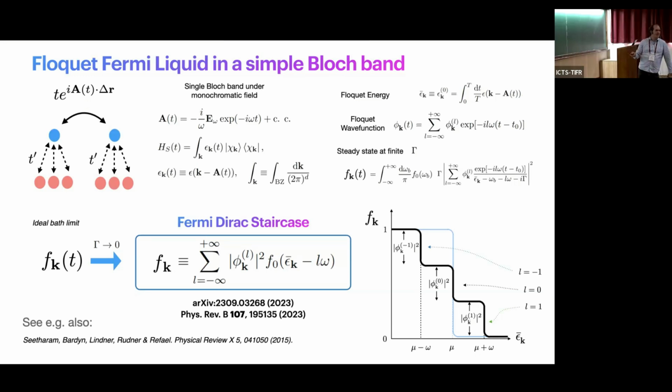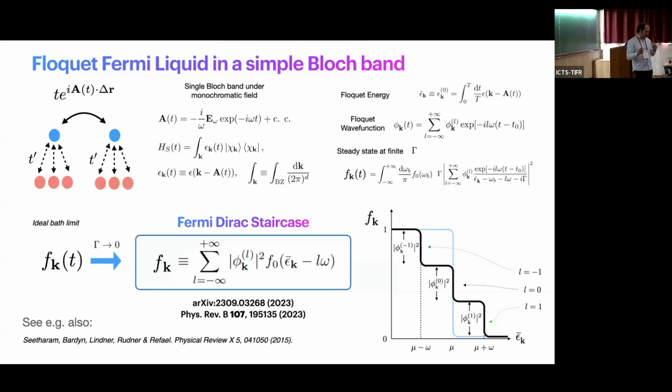So by using this formula that I described, we can then obtain the ideal occupation of this Floquet band when the system is coupled to a fermionic bath, and we get this Floquet Fermi liquid that I mentioned at the beginning. Okay, so it's a bunch of Fermi-Dirac distributions with some weights that are the squares of the Floquet wave functions.